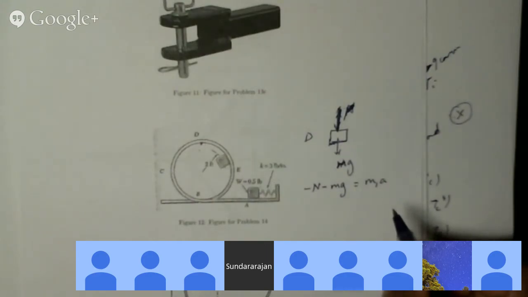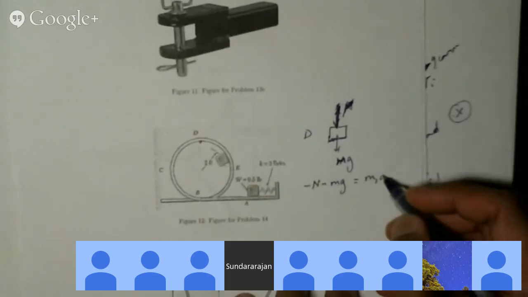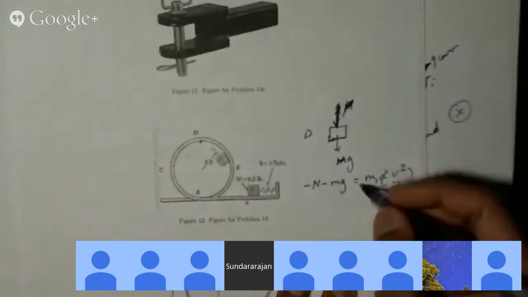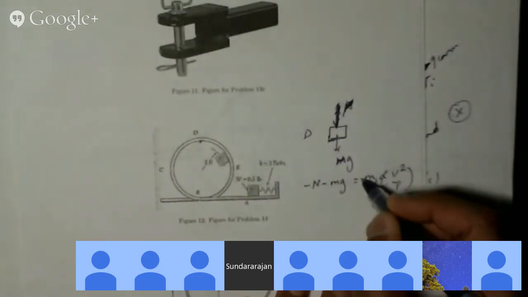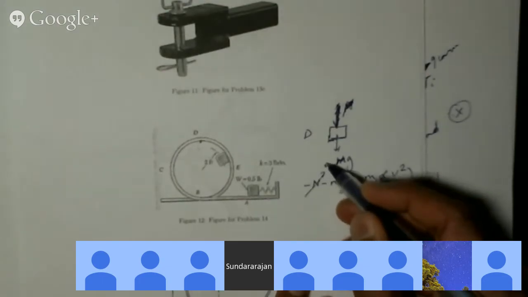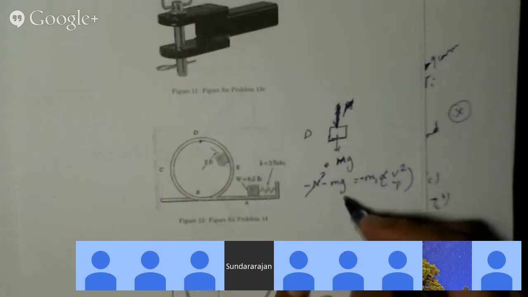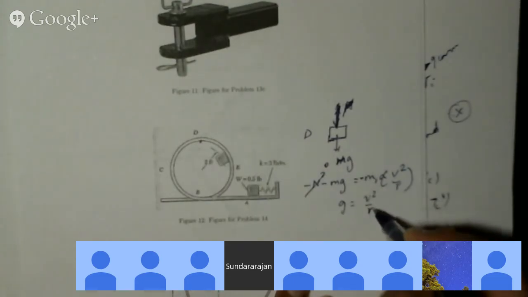Oh, this is centripetal acceleration, so v squared over r. Right. And this should also be negative, right? Because it's pointing down. Yeah. And we want N equal to 0, right? Yeah. Otherwise it'll lose contact. All right. So then g would be v squared over r.